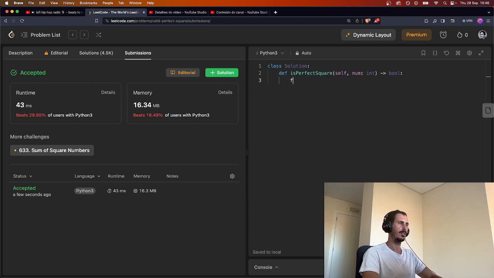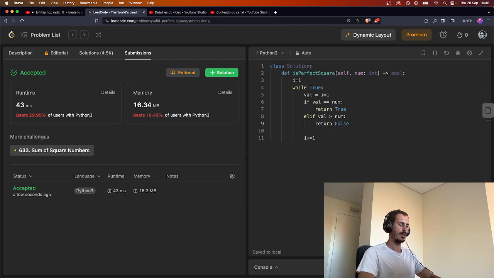Actually, i equals 1, while true, and then we increment i, and while true we check val is i times i, or i to the power of 2. If val equals num, return true. Else if val is greater than num, we return false. We can do that.